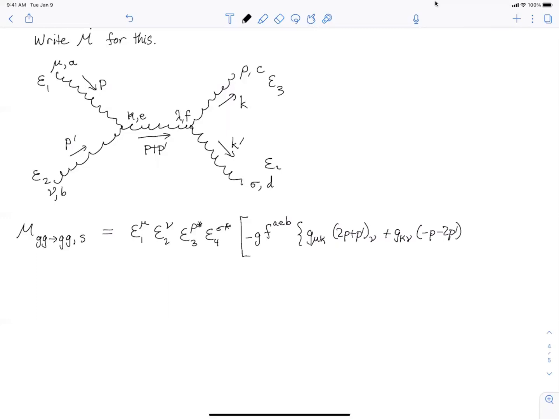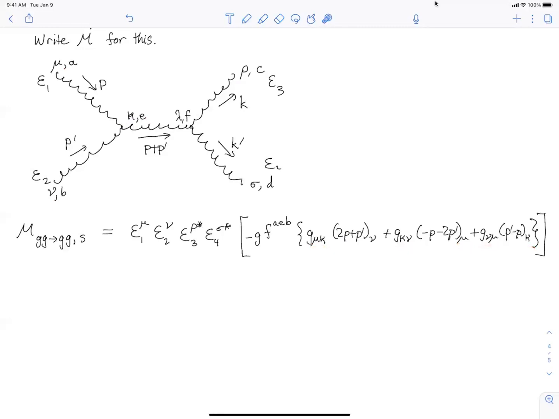And you have to stare at these things for a while to get all the factors right. But I'm just writing them down for you so you can see roughly how it goes. Okay, so that's for this vertex. For example, the group theory parts are A, B, and E, and that goes into the f^{ABE}. The Lorentz indices are mu, nu, and kappa, and so notice each term has mu and kappa and nu in it.